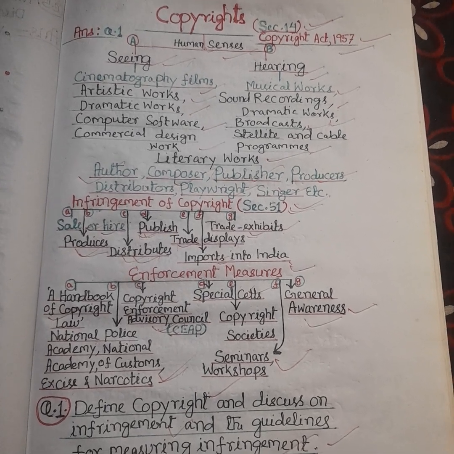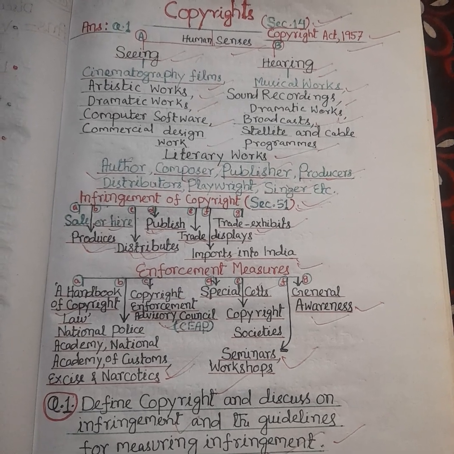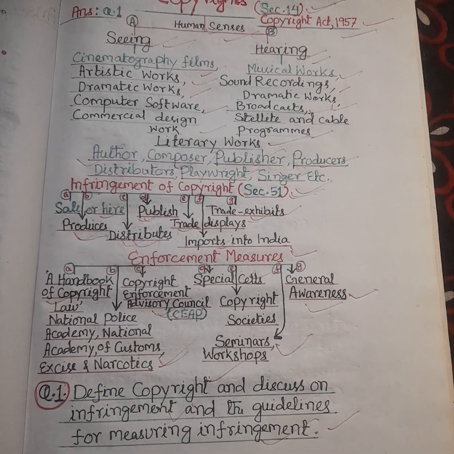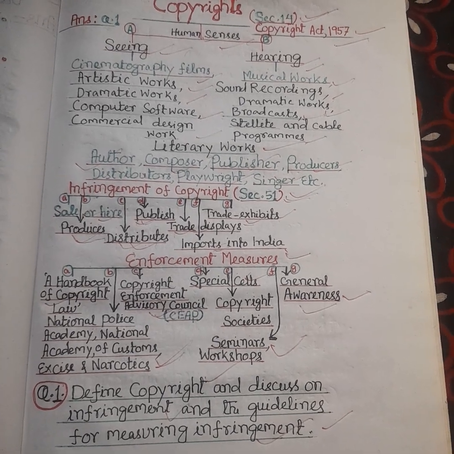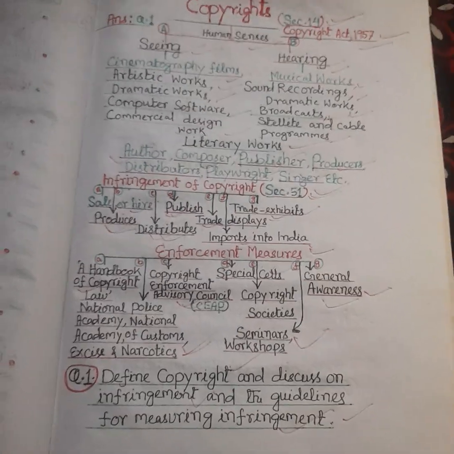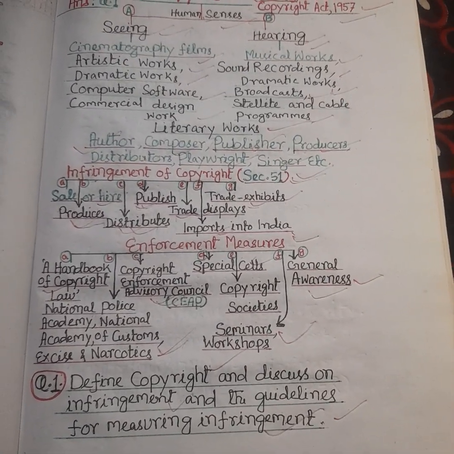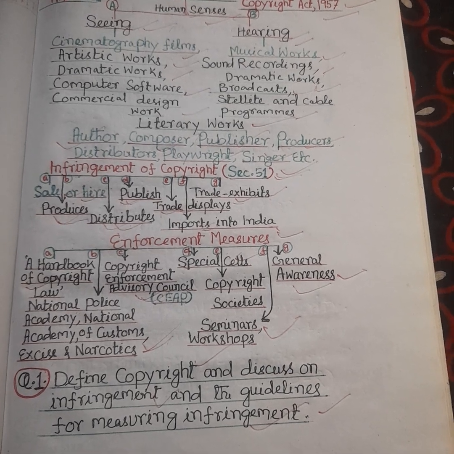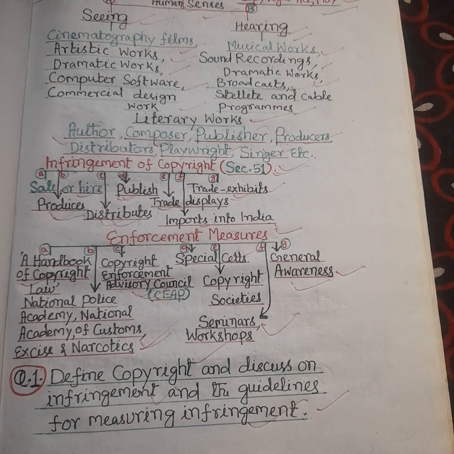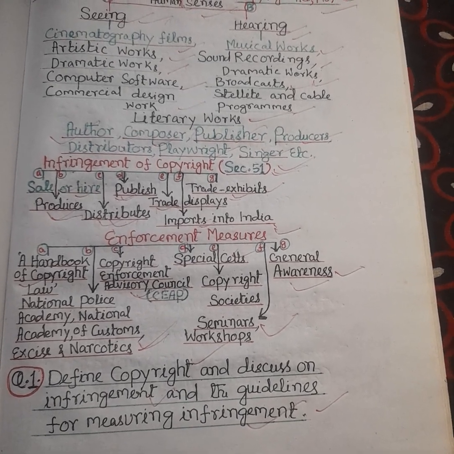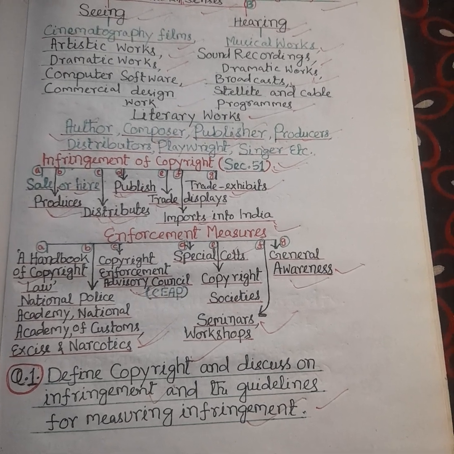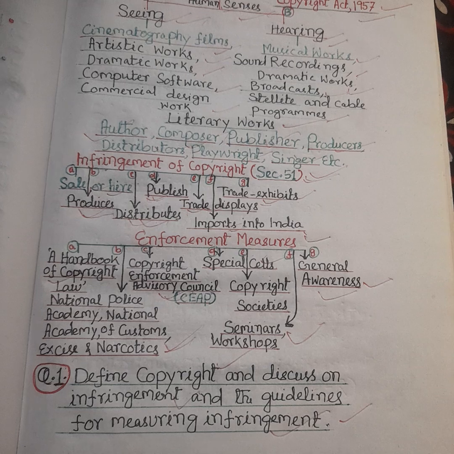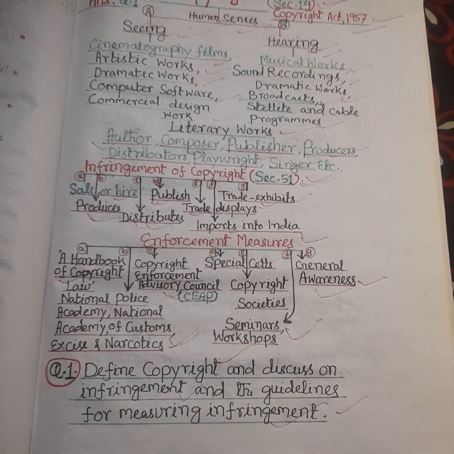All those creations or creative works by authors, composers, publishers, producers, distributors, playwrights, singers, etc., relating to cinematography, films, artistic works, dramatic works, musical works, sound recordings, and also broadcast and commercial design, computer software, literary works, satellite and cable programs, all these fall under what constitutes copyright.